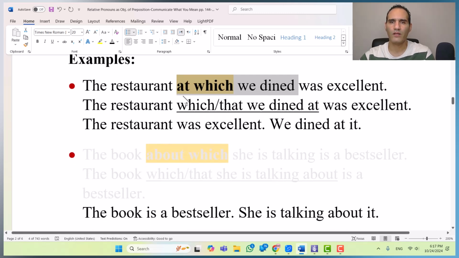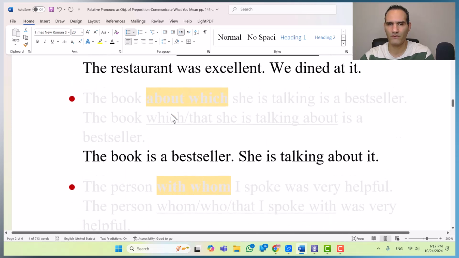And you know that we cannot say at that. Why? Because the relative pronoun is preceded by a preposition. Only which for objects, only whom for people. I am repeating myself several times. Look at these two short sentences. The book is a bestseller. She is talking about it. Talk about comes with a preposition.